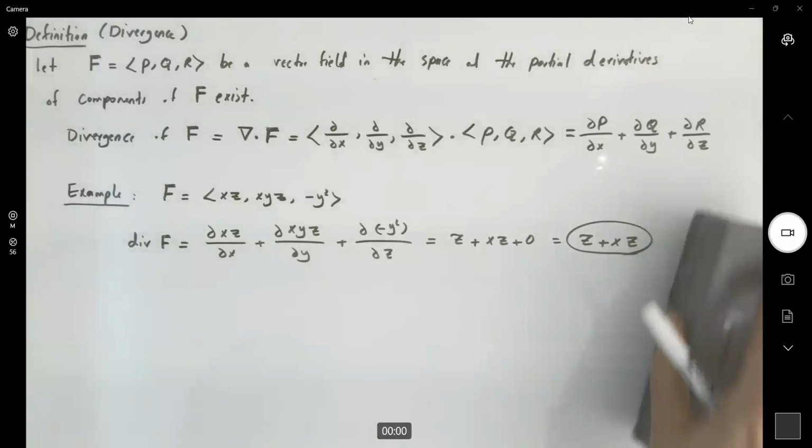We can use the curl and divergence to rewrite Green's theorem. So take a look at the following.